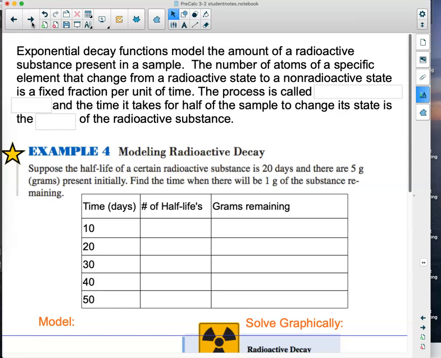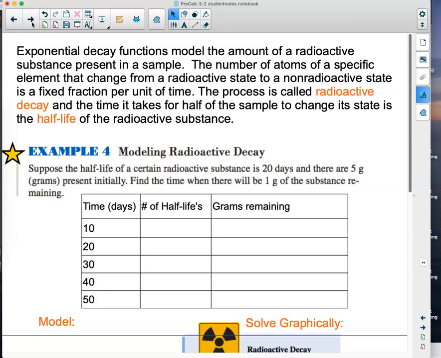The number of atoms of a specific element that change from a radioactive state to a non-radioactive state is a fixed fraction per unit of time. And that process is called radioactive decay.